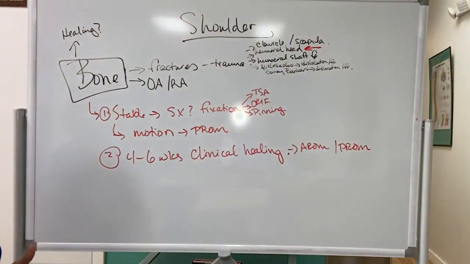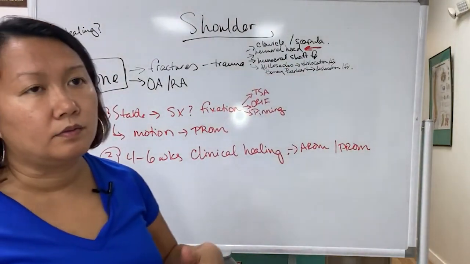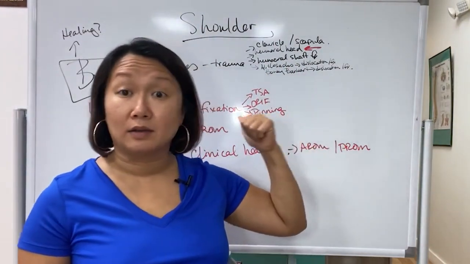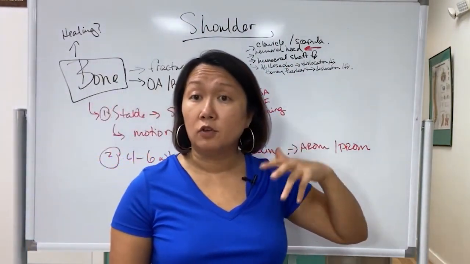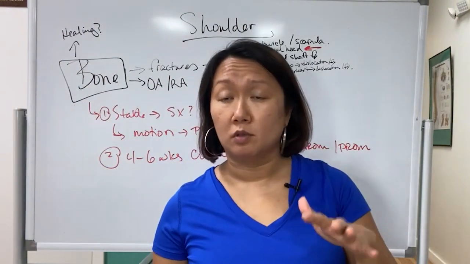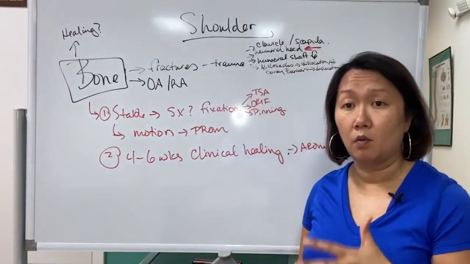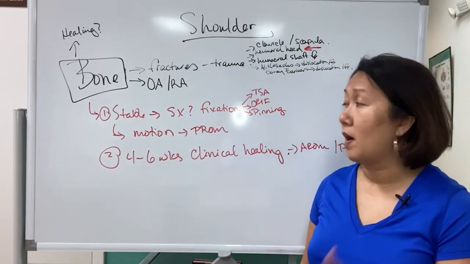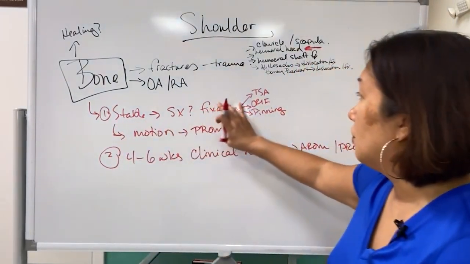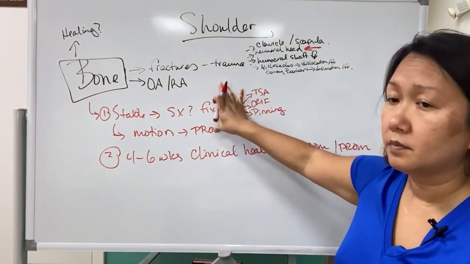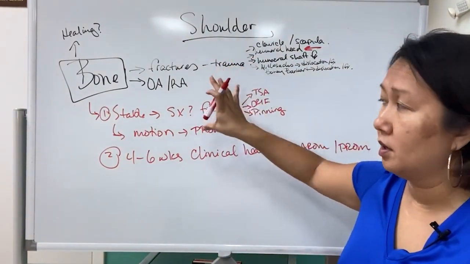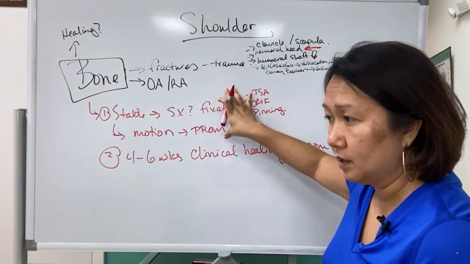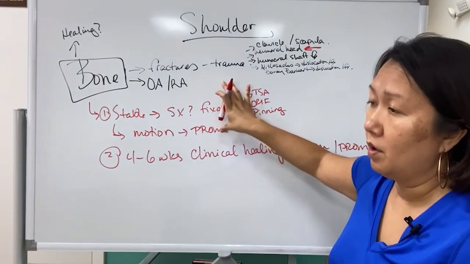Now, obviously, when I talk about protocols and what you're allowed to do, it's just in general, because if you take a look at the chapters in the book, so much of it is dependent on what the surgeons are going to say, more so than others. But you have a generality of, first 4 weeks, you either are going to be able to have limited motion or immobilized.